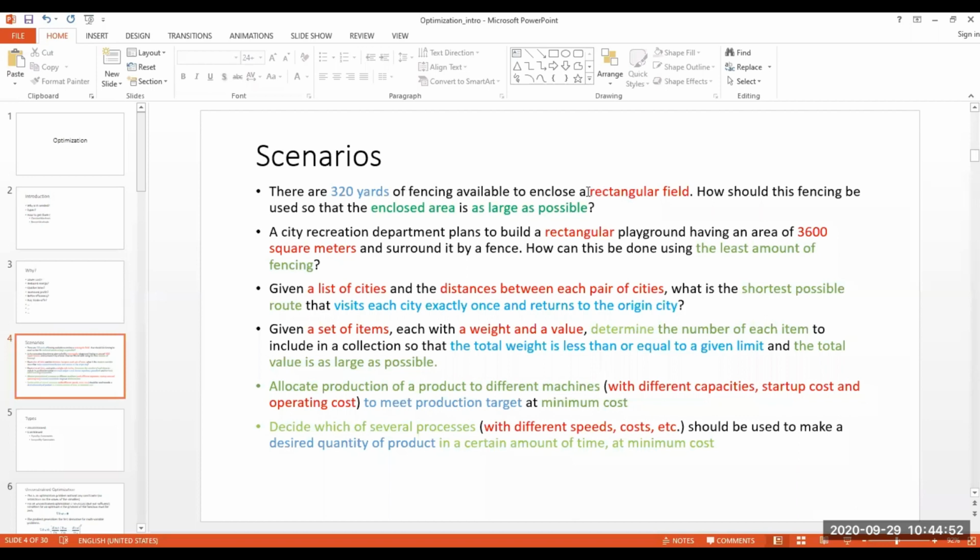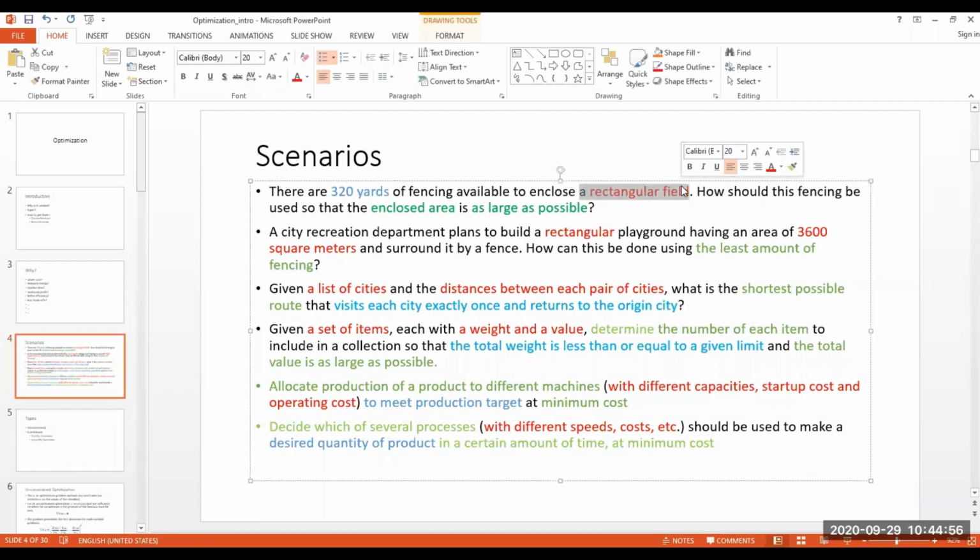First of all, you have the information that the fencing would be rectangular in shape, and the numerical value is also provided. So you have two pieces of information: one is the shape of the field, another one is the amount of fencing, 320 yards, to enclose a rectangular field.